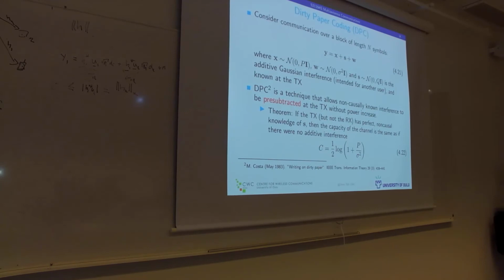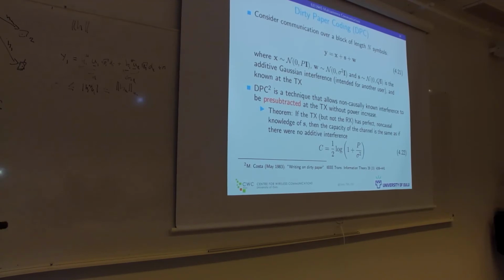But the problem here is that if S is large, it has a huge power penalty. Just for nothing, we would need to send a large X just to cancel this S, to send this desired signal U to the user of interest.